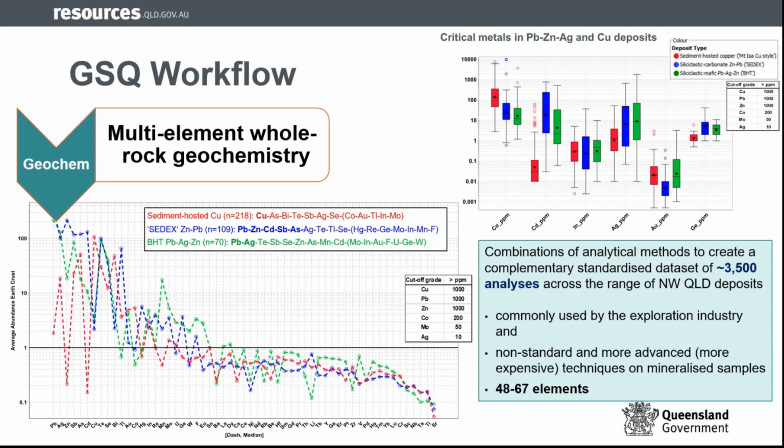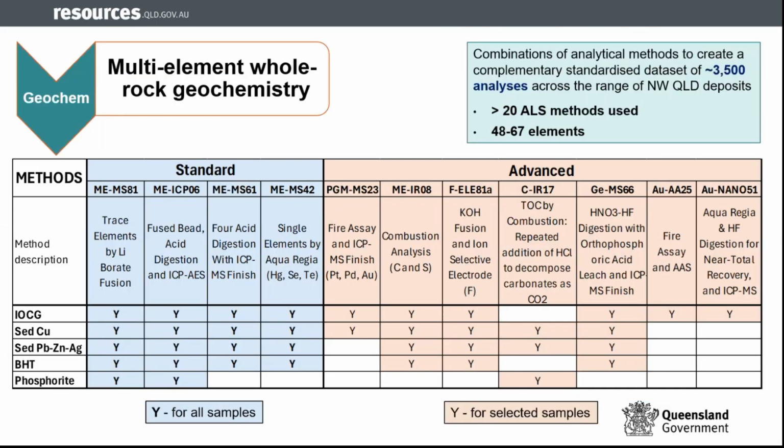We try to use methods which are commonly used by industry, so you have something to link to your data, but we're also using a range of very specific analytical methods available at ALS, just to make sure the data is the most precise and gives us the best information we can get.